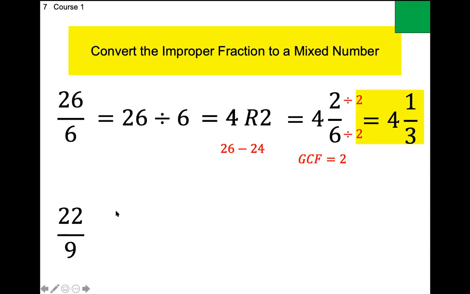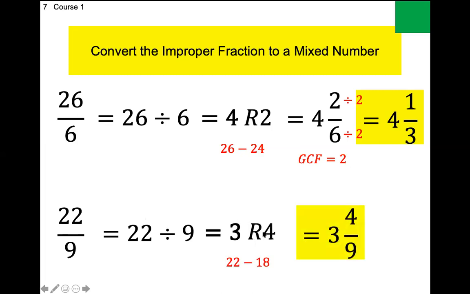Second one, 22 over 9. So let's see, 22 divided by 9: 9, 18. Oh, it only goes 2 times. Oh, wait, why did I write 3? Well, there's a math mistake. 9 times 2 is 18. 22 minus 18 is 4, so we get 2 and 4/9.